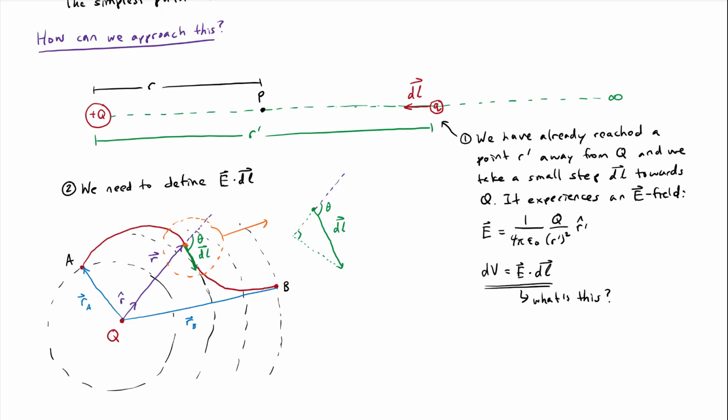So this is what we have, and that means we can define this as a change in radius or path. We're going to call this dr. And just remember, we have our test charge Q at this point.